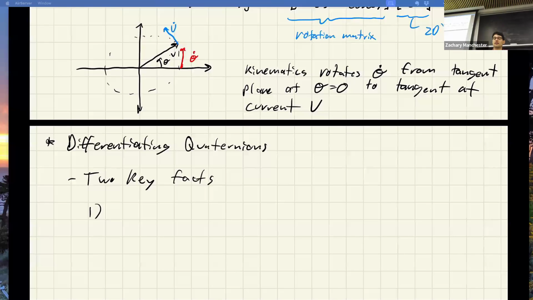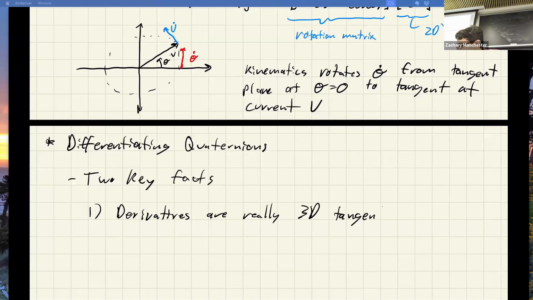The first one is that the derivatives of rotations, even if our base representation is not 3D, like a quaternion or a rotation matrix, live in this tangent space, and the derivatives are really 3D. They're really a 3D tangent vector, or a 3D vector living in this particular tangent space. So we want to write them that way. Derivatives are really 3D tangent vectors.